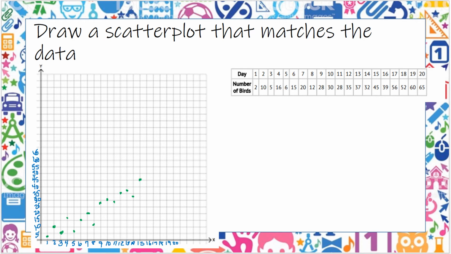Day 16 was 39. Day 17, 56. Day 18 was 52. Day 19 was 60. And day 20 was 65. So as you notice, all of these points are going up and to the right. So if they ask you to describe the trend, it would be positive.